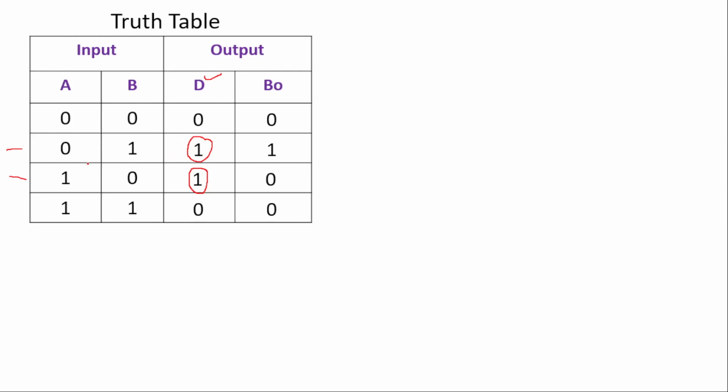In the first product term, the value of A is 0 and value of B is 1. In SOP, 0 is considered as bar and 1 is taken as it is. So in this case, this 0 means A bar and this 1 means B. So A bar B will be the product term corresponding to this row. Now what about the next row?